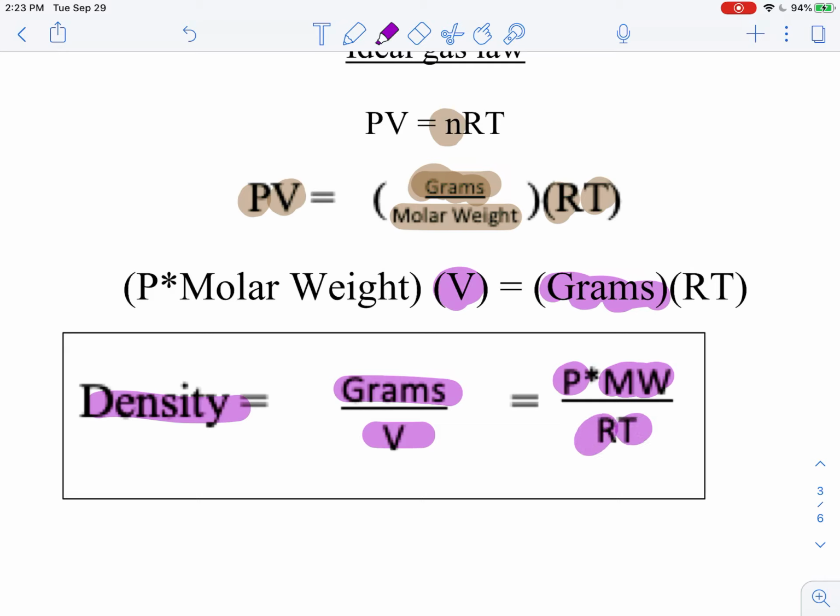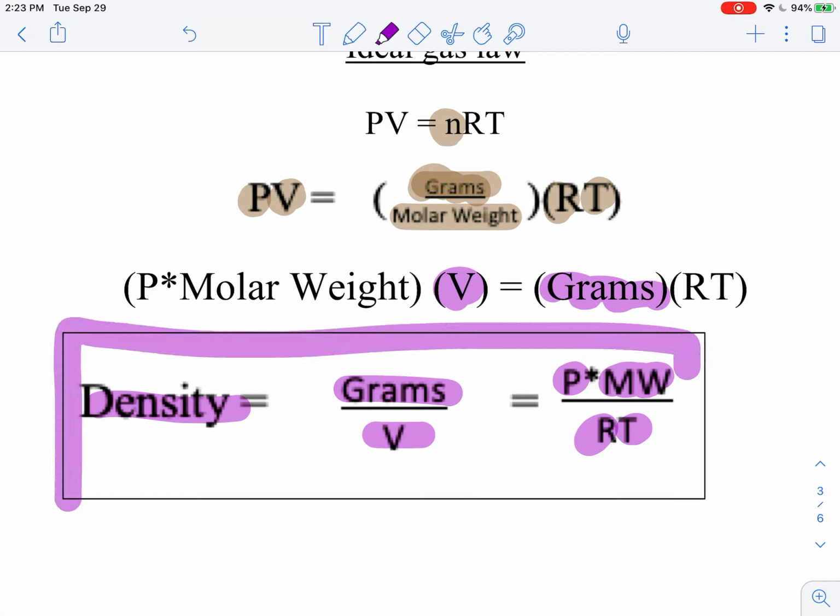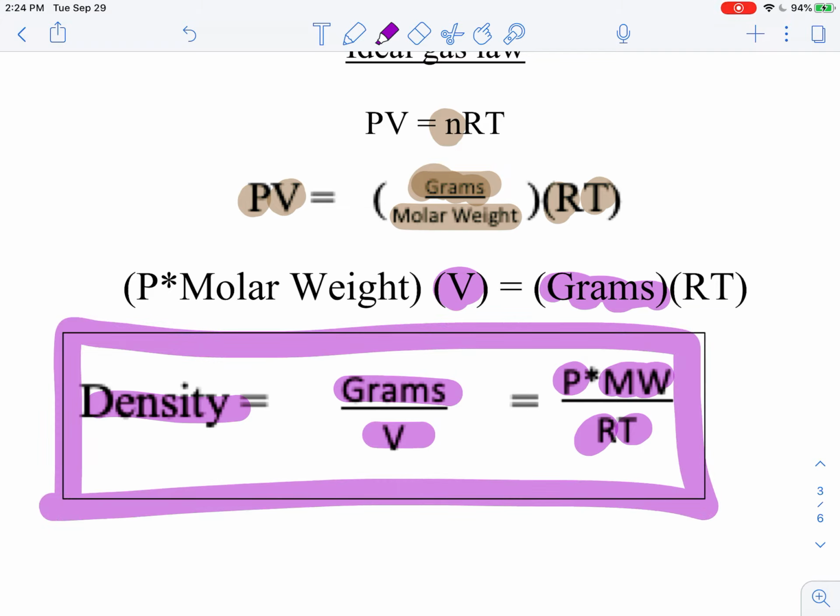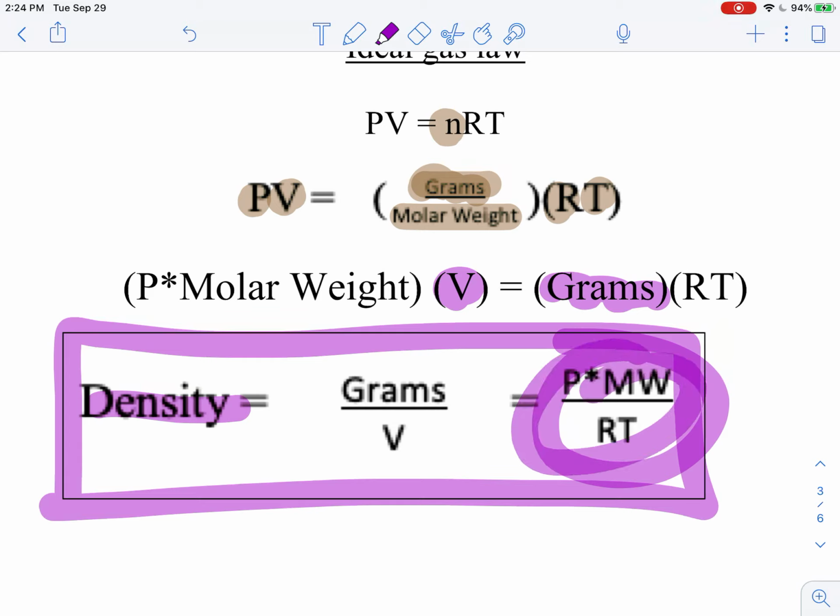Now they will not give you this equation on the AP test, but they will give you the ideal gas law. So you're going to have to make sure that you know how to generate this equation from the ideal gas law. This is not going to be on the equation sheet. So you've got to know that the density is equal to the pressure times molecular weight divided by RT. You should be able to manipulate PV equals nRT to get that equation.